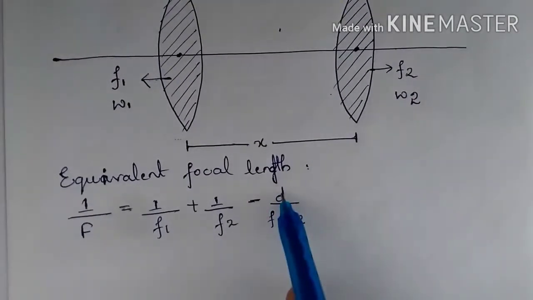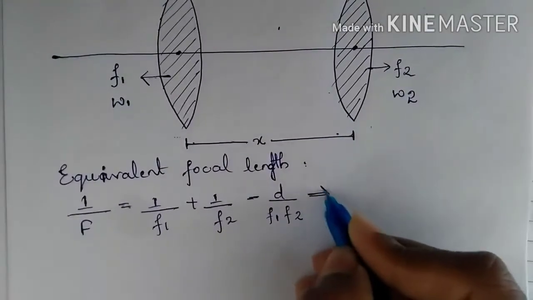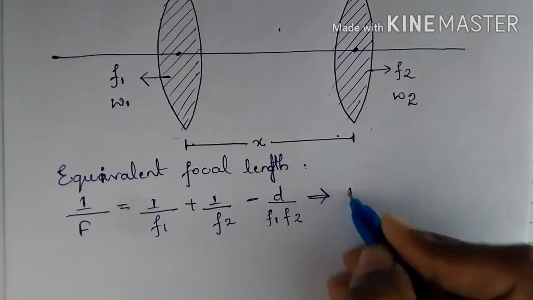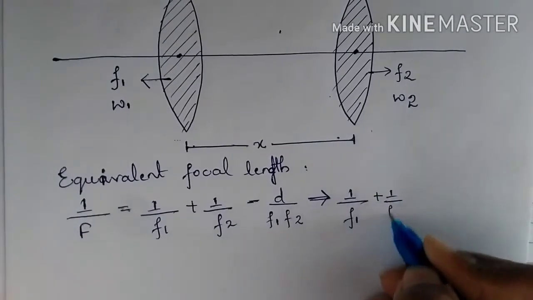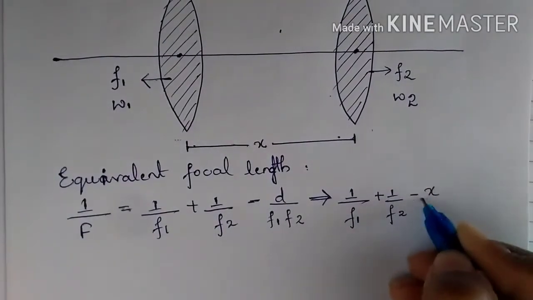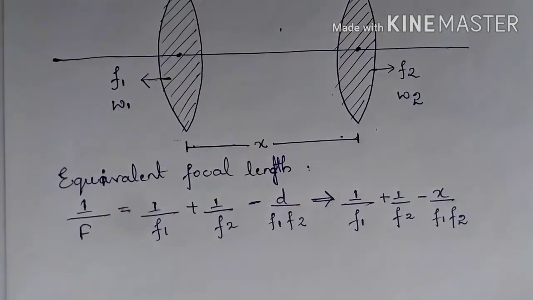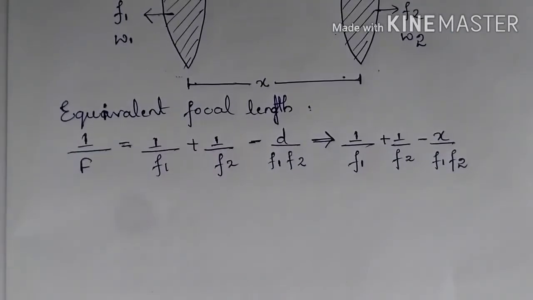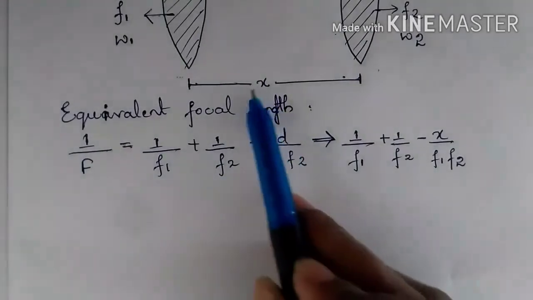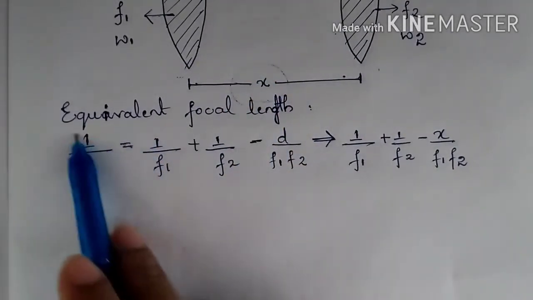Here the separation distance between the two lenses is x. So if I substitute that in this equation, 1 by f will be 1 by f1 plus 1 by f2 minus x divided by f1 f2. So we got the equivalent focal length for the two lenses L1 and L2 which are separated by a distance x. Now let us differentiate this equation.